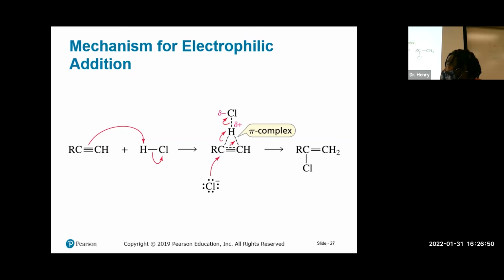Pay attention to the R; the R means there are other hydrocarbons there. So we're not going to get a chlorine over here, because it's not preferred. It's less stable, so it's going to want to put itself internal. That causes the pi complex to separate, the hydrogen comes over to this side, and we're left with our substituted halide on that secondary carbon.